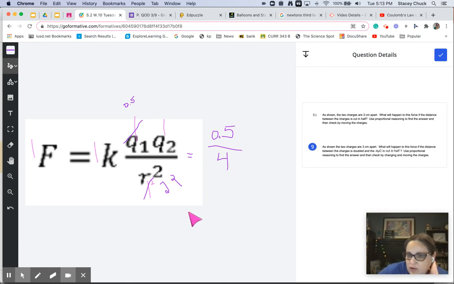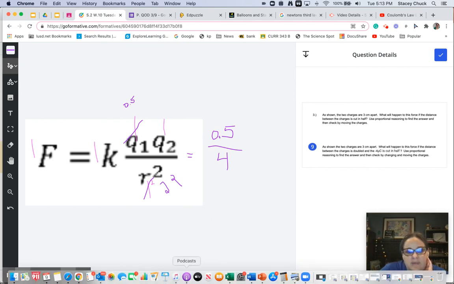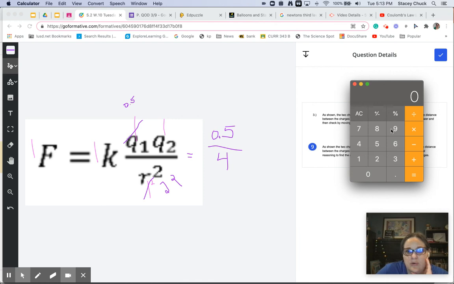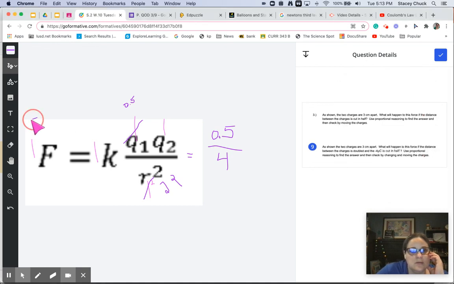If you use a calculator, you can do that. Let me show you what you get when you use a calculator for that question. So 0.5 divided by 4 equals 0.125. In a fraction, though, that's 1/8.